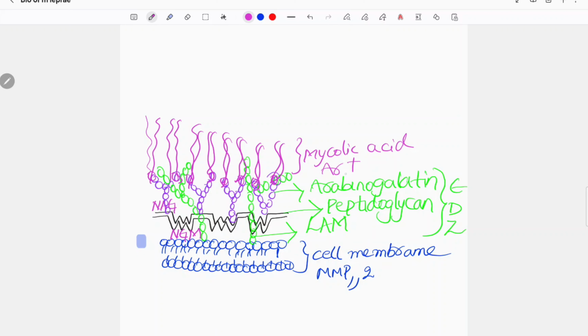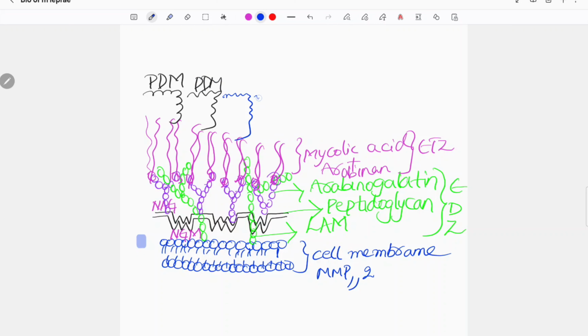Mycolic acid plus arabinine is nothing but the electron transparent zone of the cell wall. Now the cell wall is finished. What is left? Capsule. What does it contain? Only two we have to remember mainly: PDM, thiocerol dimycoserosate.